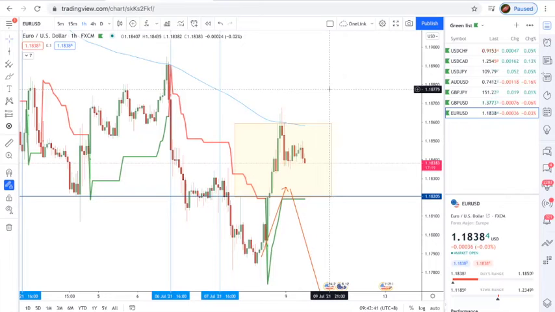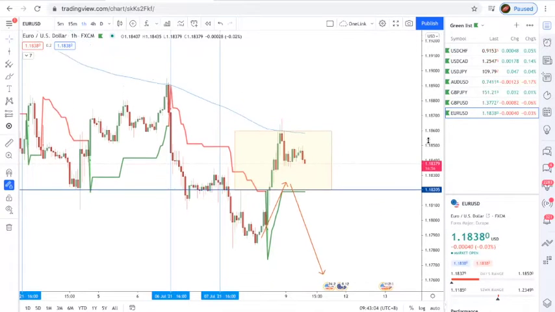Since today is Friday, the volatility will be a bit lower, depending on what kind of news comes out, so it can go into a range market today. Okay, so that is Euro USD basically.